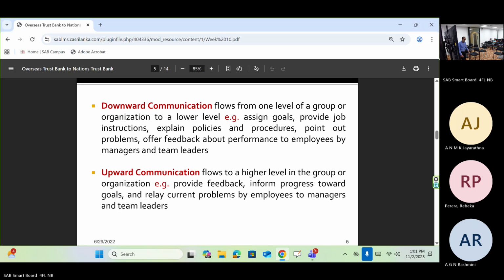Right. Then I explained a lot of examples also. Friendships, closeness, and other interests can be used to share information in the informal communication.